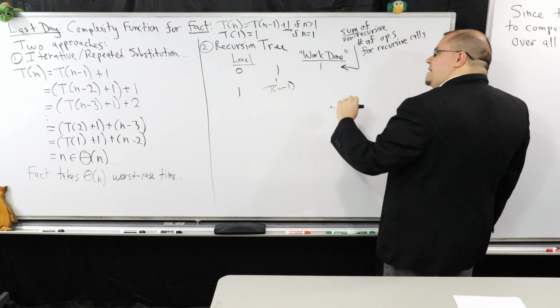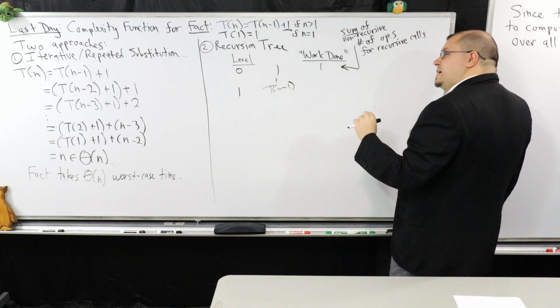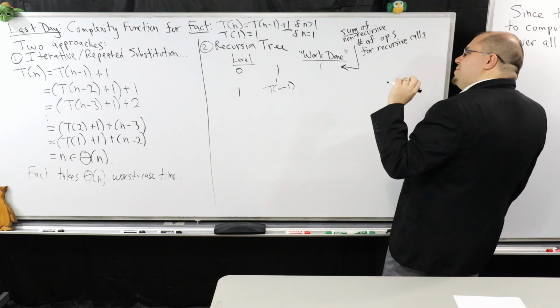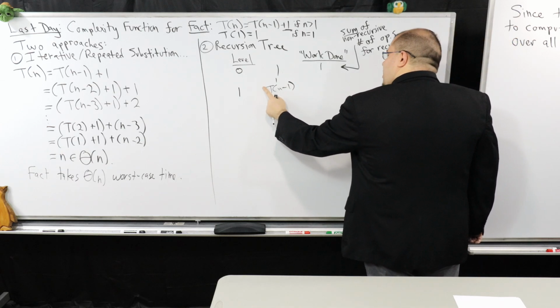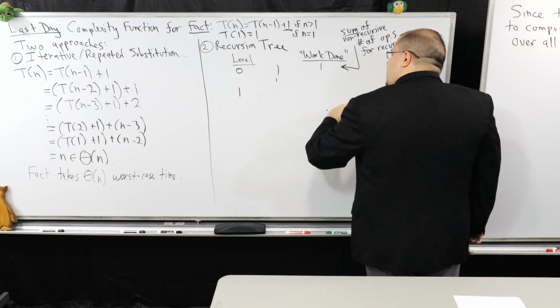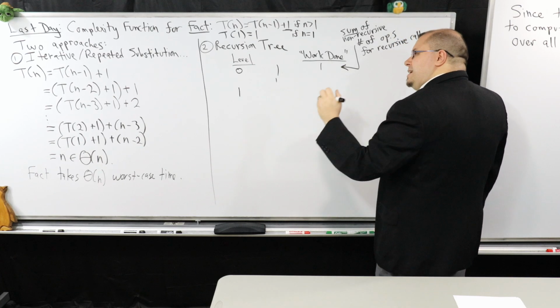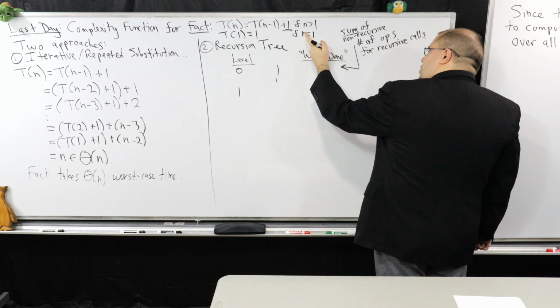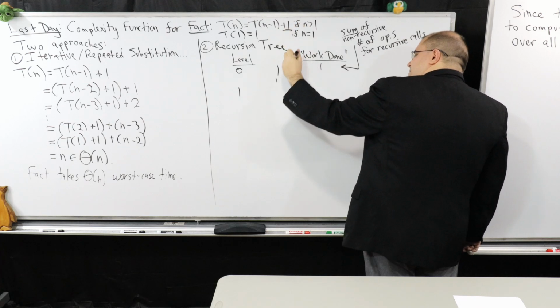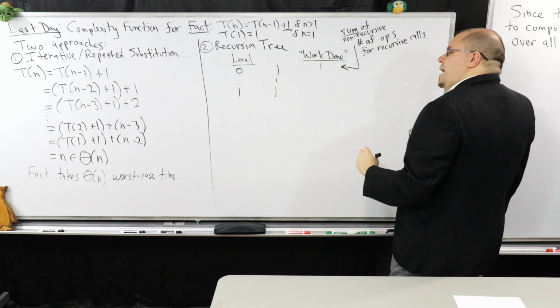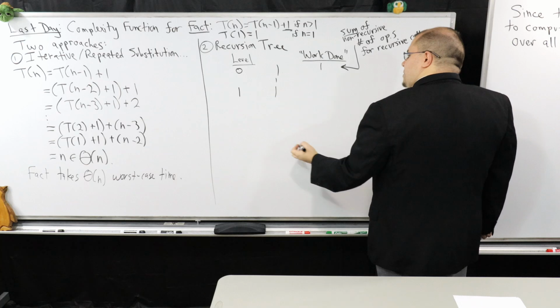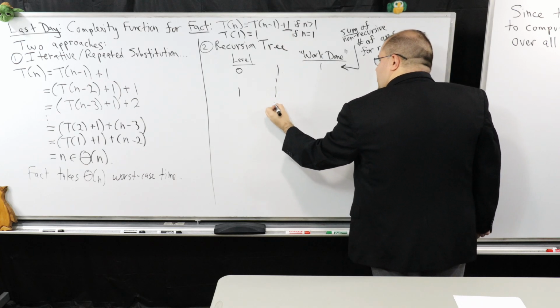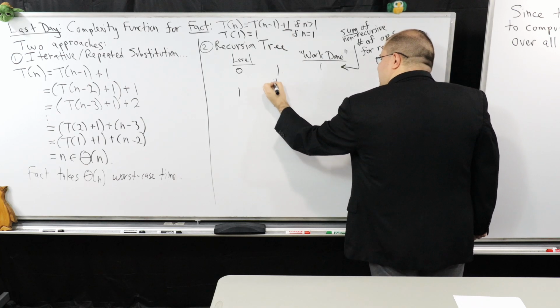I'm just going to do the same exact thing I just did here. I'm going to determine the number of operations in the non-recursive work here. So this is just 1 right here. And then there's one recursive call, so I'm going to have one branch. Let me make these a little clearer.